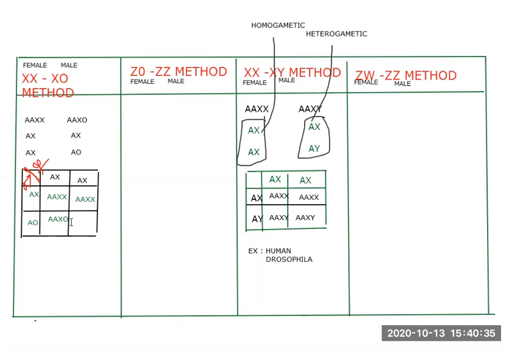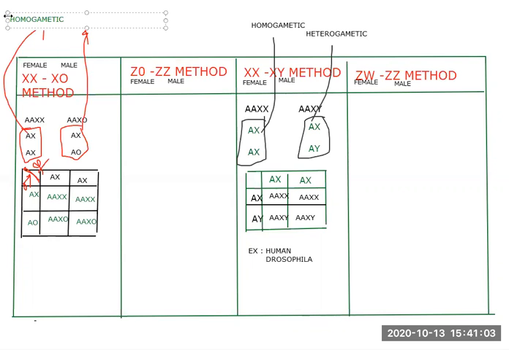Male. Now again the same. Who is homogametic? Who is heterogametic? Female is homogametic. Male is heterogametic. Again, the same here. Female is homogametic, and male is heterogametic.